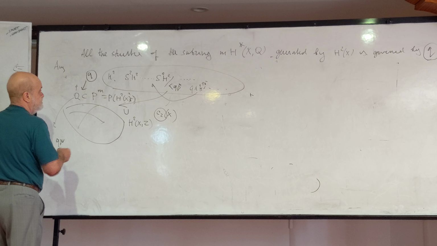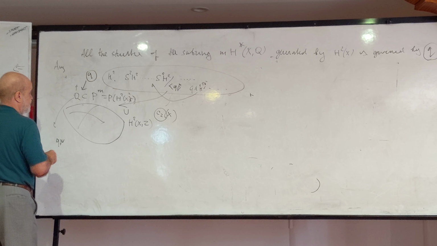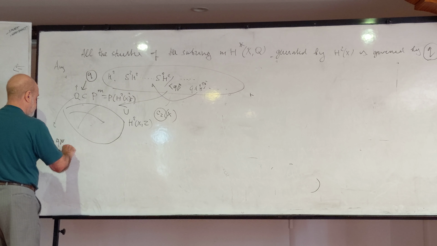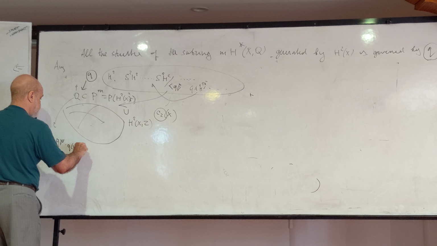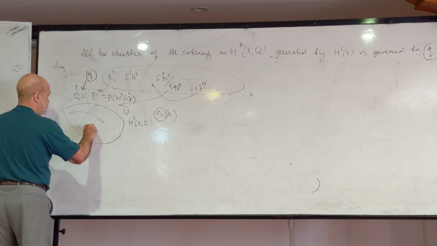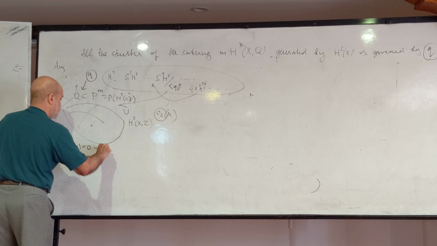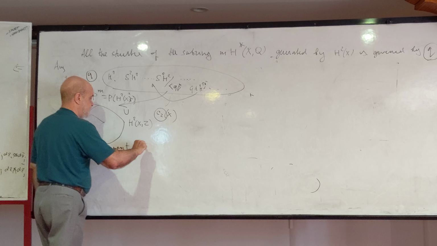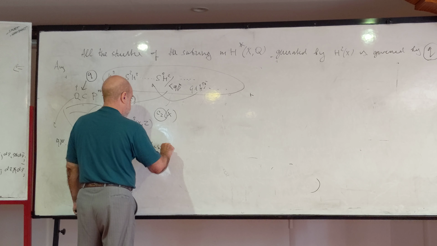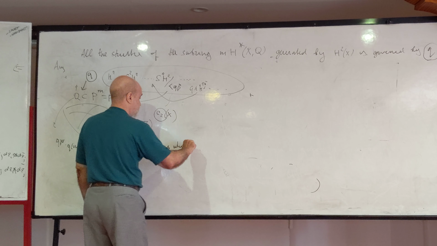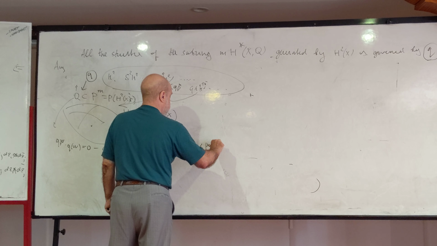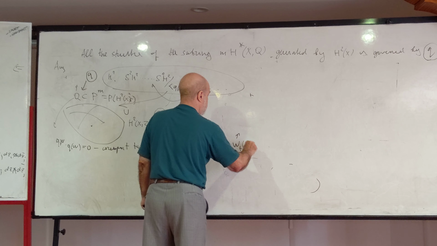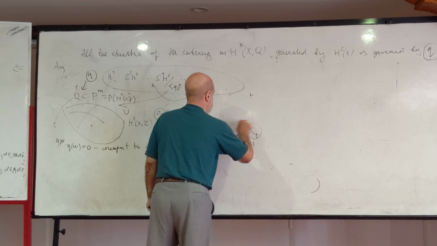So we have Q of v equal to 0. This corresponds exactly to classes which are potentially of type (2,0) on Xt, on a variation of Xt.